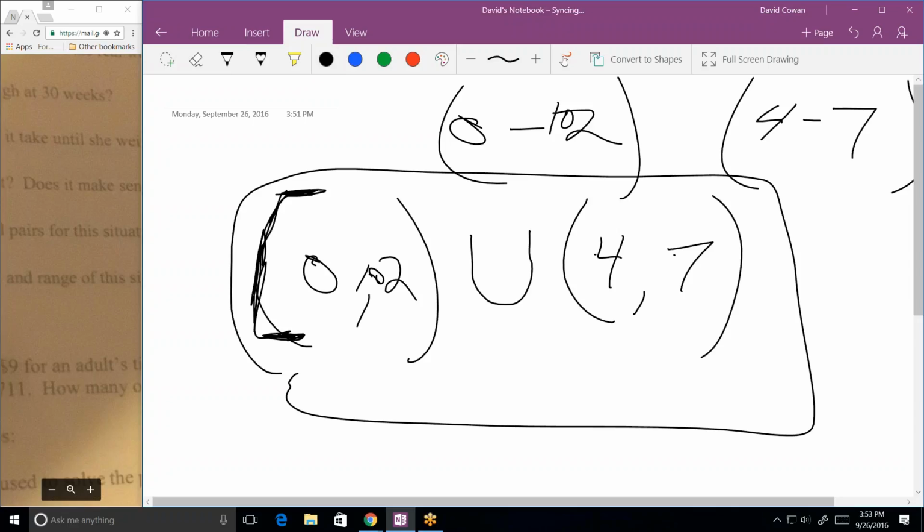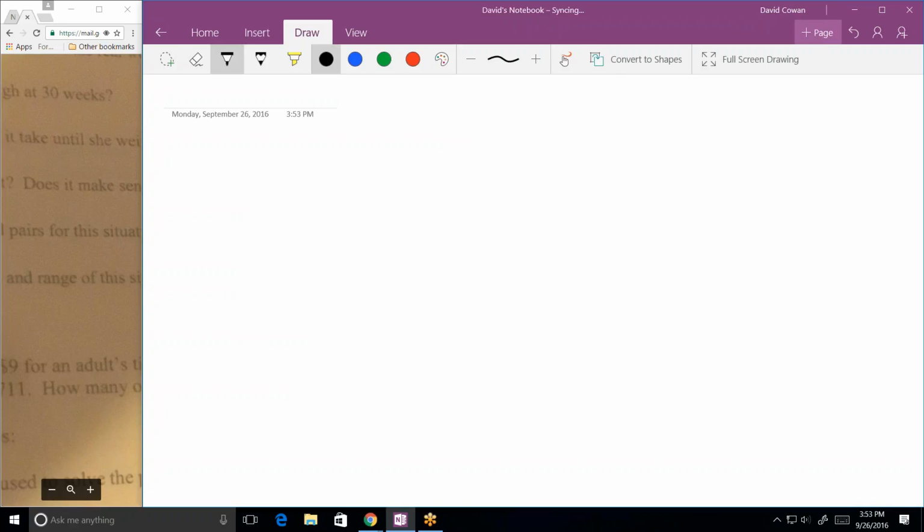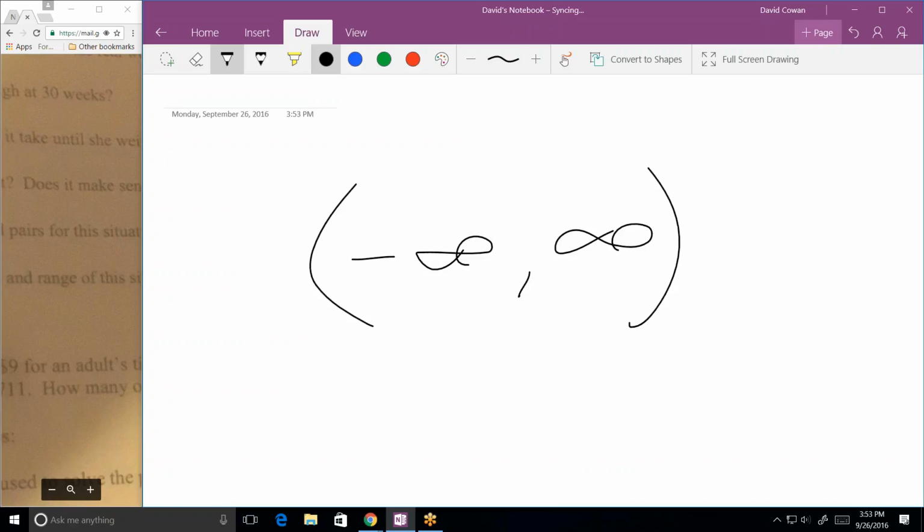Now, infinities always go with parentheses. If I just told you y equals 2x plus 3, the domain of that function is minus infinity to positive infinity. In other words, there are no restrictions on it. X can be anything on the domain.